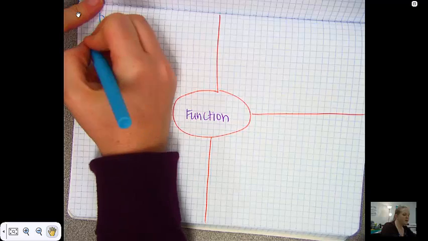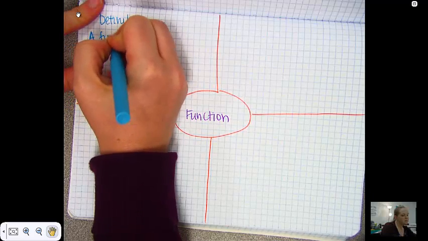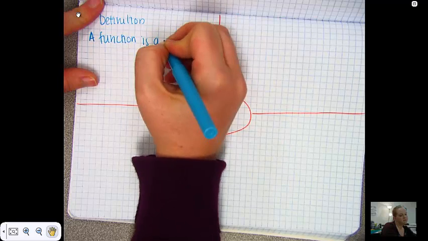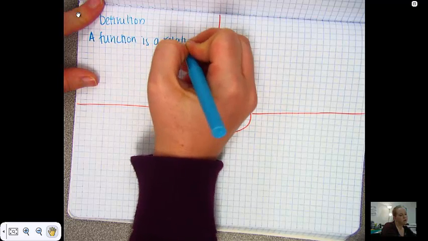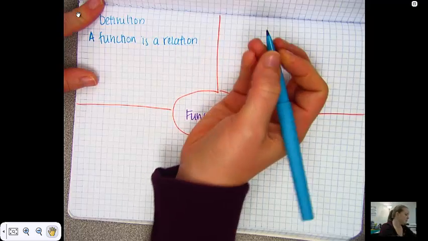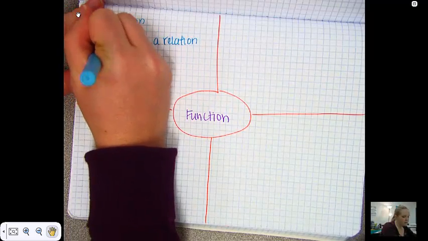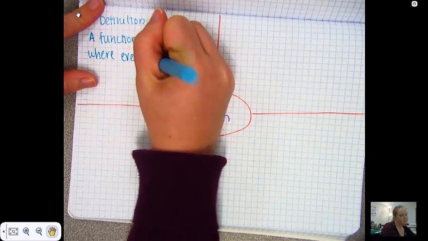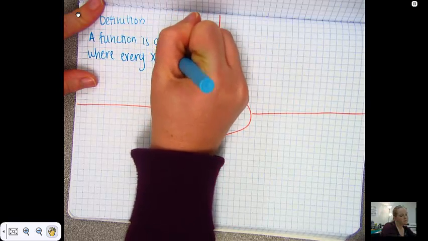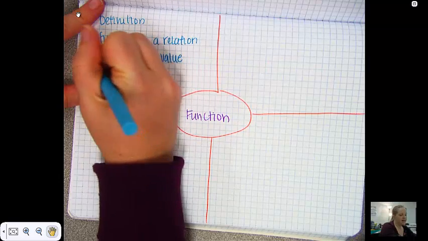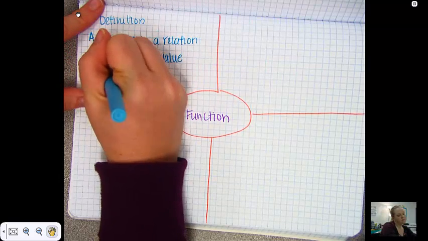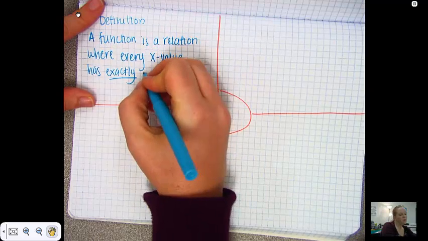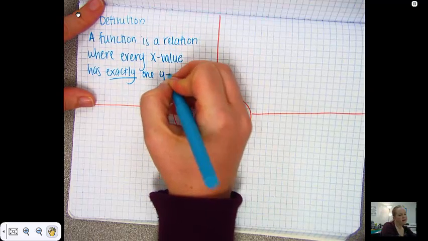A function is a relation. So again, we're talking about ordered pairs or sets of data where every x value has exactly, and we can underline the word exactly, one y value.